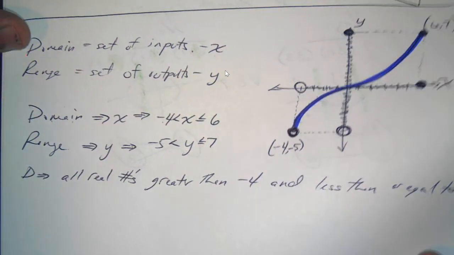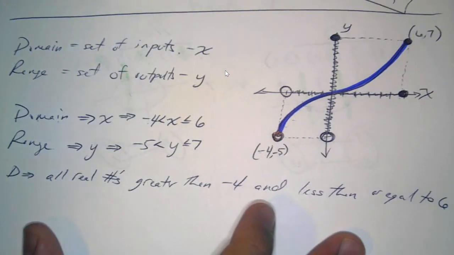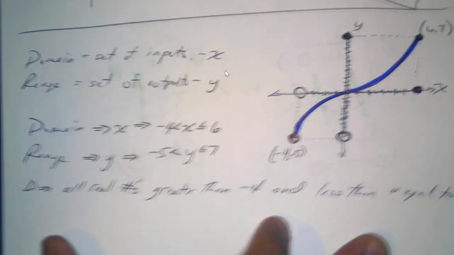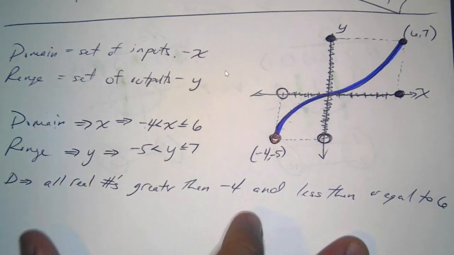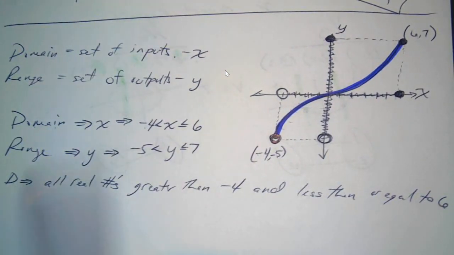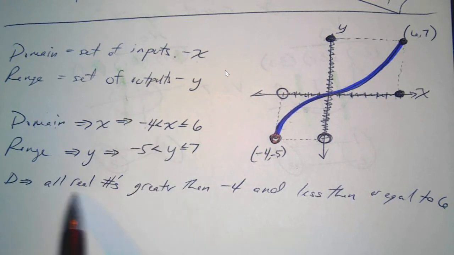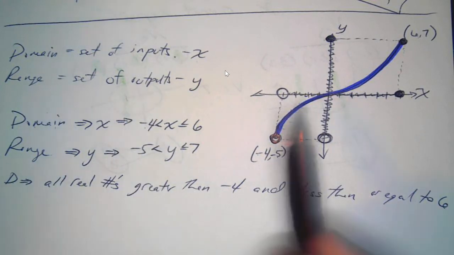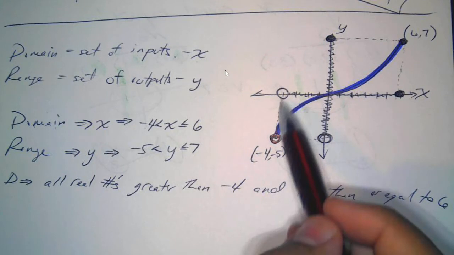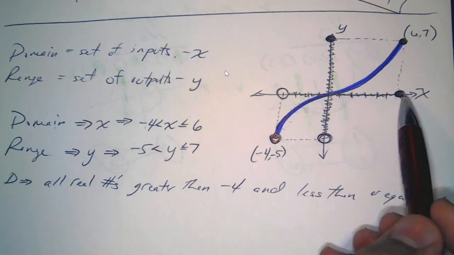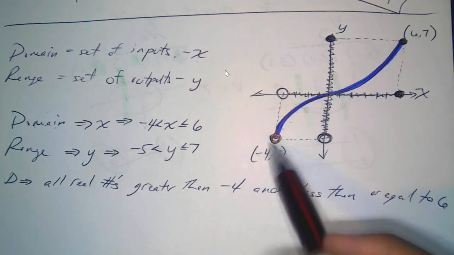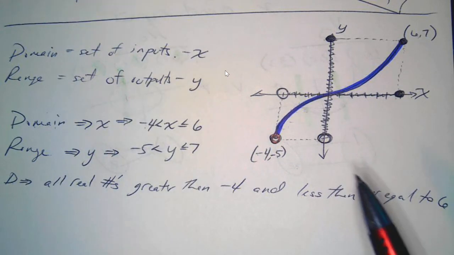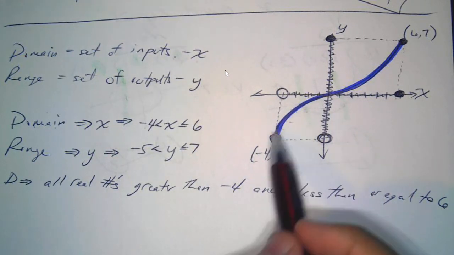I know it's a little bit to write, but you could also see it like this on the test. You can see it both in inequalities and you can see it as a sentence. So again, this is the same thing. These two are the same. It's all real numbers. Because again, notice how this graph, this function goes from anywhere from -4 to +6. The points exist anywhere there. That is why it's all real numbers. Remember, these are just coordinate points.